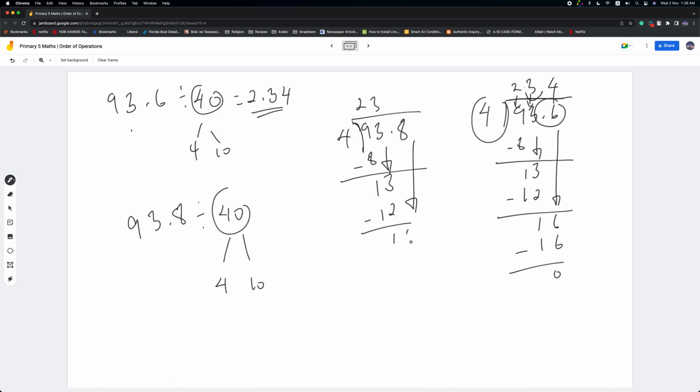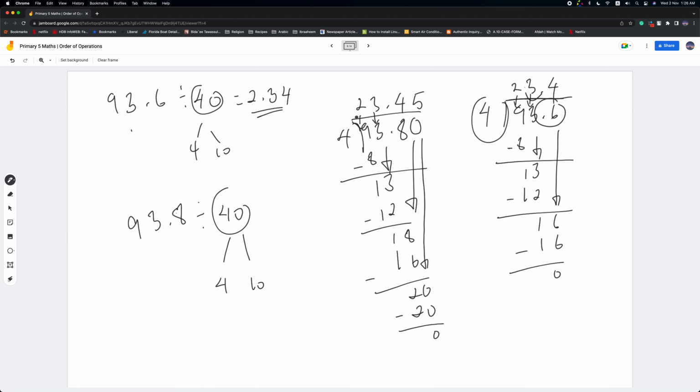You bring down the 8. 4 times 4, 16. Minus, you have 2. So what happened here? If they say leave your answer in 2 decimal places, you have to put the 0 there. Bring the 0 down. 4 times 5, 20. And for this case, it is exactly 2 decimal places. So if you align this nicely, you know the decimal goes here.